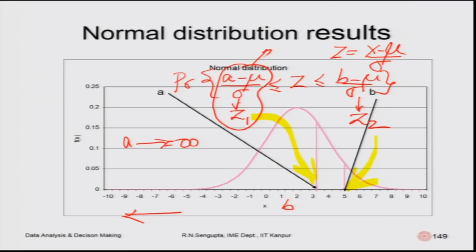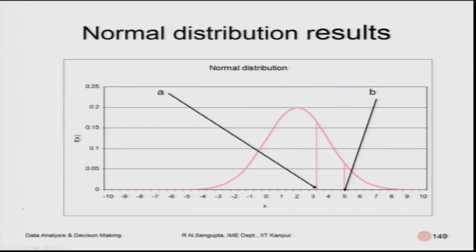In the case when b is tending to plus infinity, this will become plus infinity, so the corresponding probability will be 1. That means this is shifting to the right and this is shifting to the left. So, we can find out the values. This being a standard normal deviate z, if the value on the right hand side is plus z, the value on the left side would be minus z, because they are equally dispersed, symmetric.